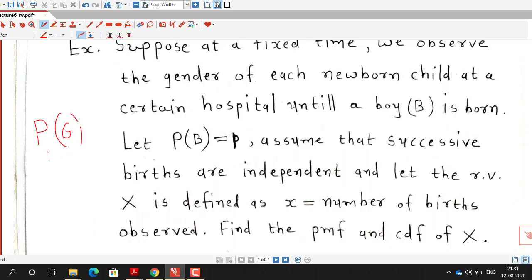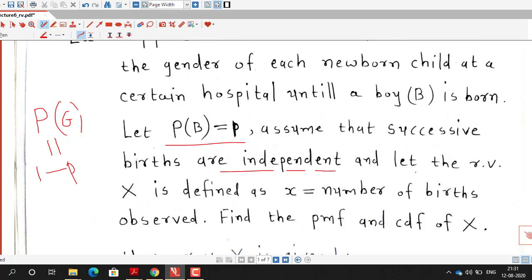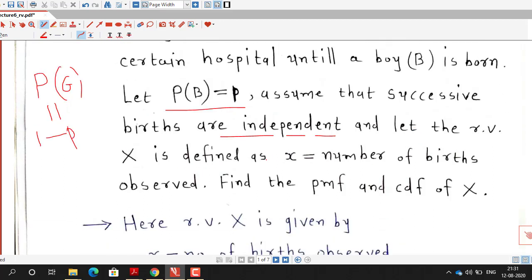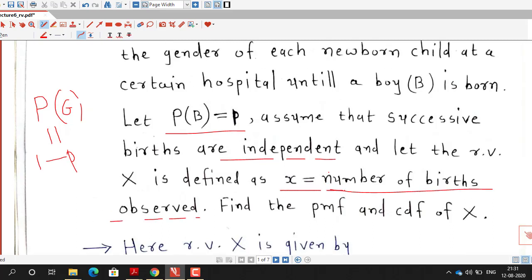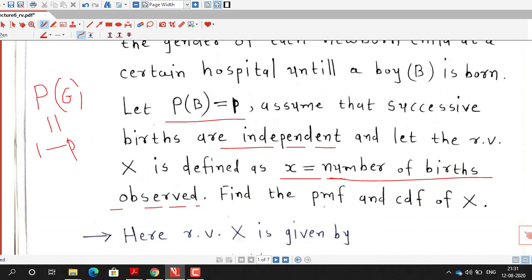These two are complementary events, so if the probability of boy is p, then the probability of girl is 1 minus p. The random variable capital X is defined as the number of births observed, and we have to find the probability mass function and cumulative distribution function of this random variable.